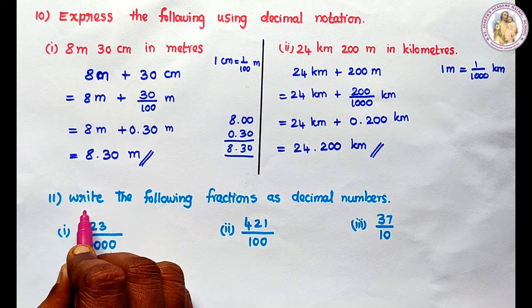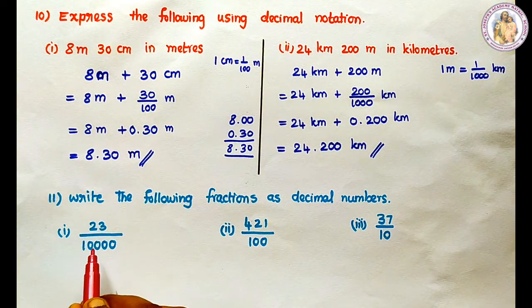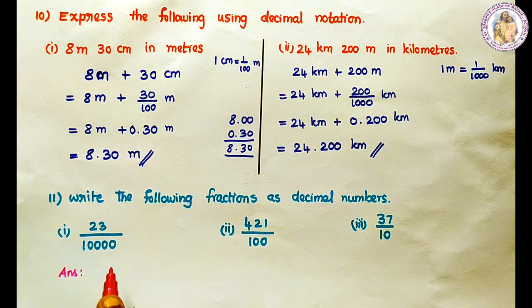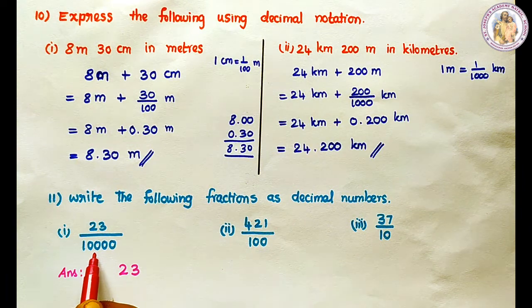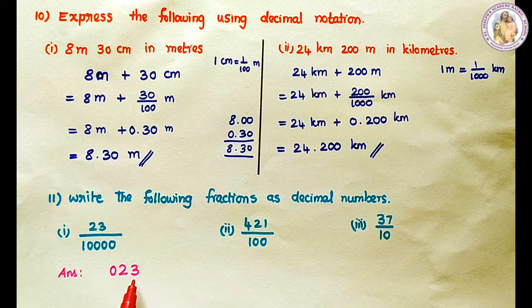Next one, 11th sum. Write the following fraction as decimal numbers. Listen here, 23 by 10,000. Answer. Write the numerator. Listen, here in denominator 4 zeros are there. 10,000 means 4 zeros. 4 digit before we have to keep the point. But here 2 digit only.